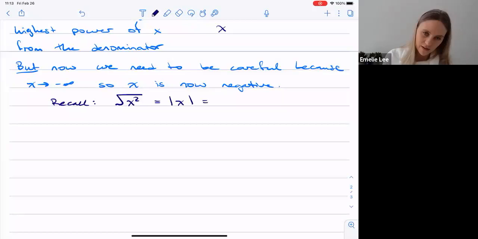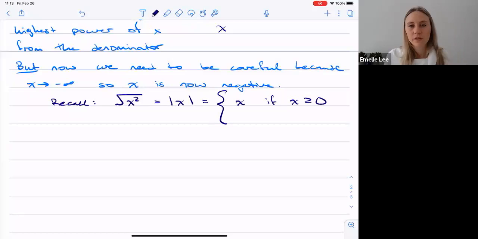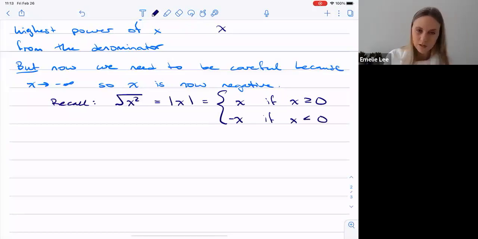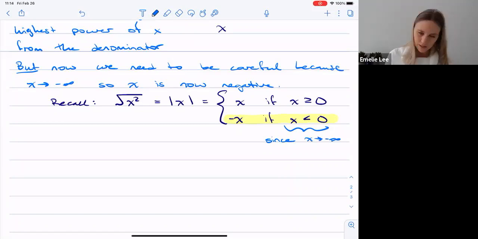By definition, the absolute value of x is a piecewise defined function where it's going to be x if x is greater than or equal to 0, right? But it's actually negative x if x is less than 0, right? So here, this is the situation that we have since x is going to negative infinity.